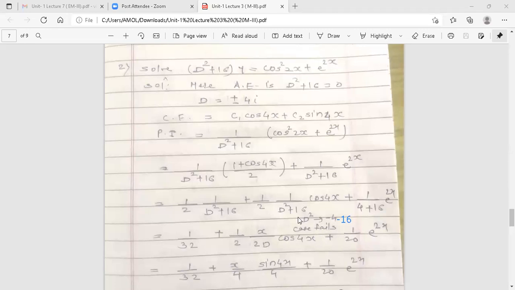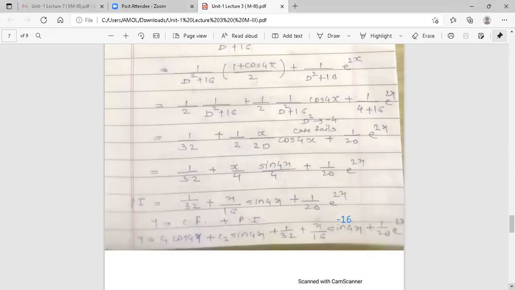So it is the case of failure. So multiply in numerator by x, take the derivative of denominator. Derivative of d square is 2d, cos 4x plus 1 by the 16 plus 4, 20 e raised to 2x. And after simplification, we have this result, PI.